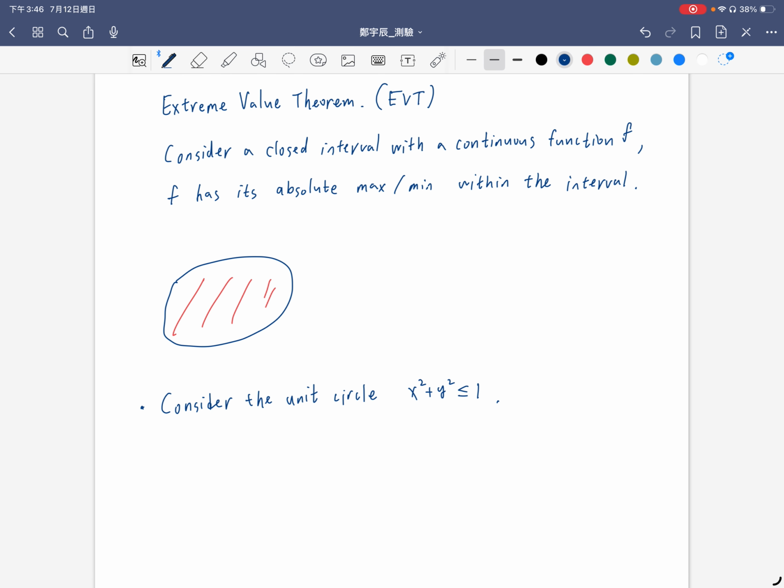And we also have f is continuous over this circle. Therefore, by extreme value theorem, what do we have? f has its absolute maximum and minimum within the region.